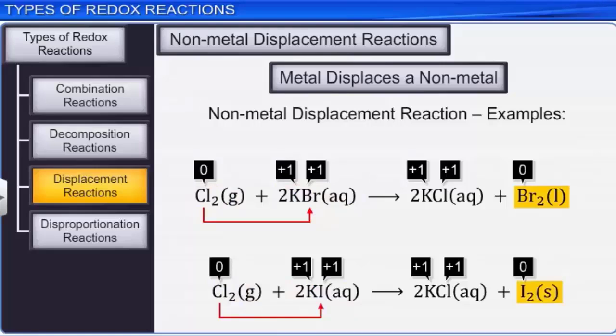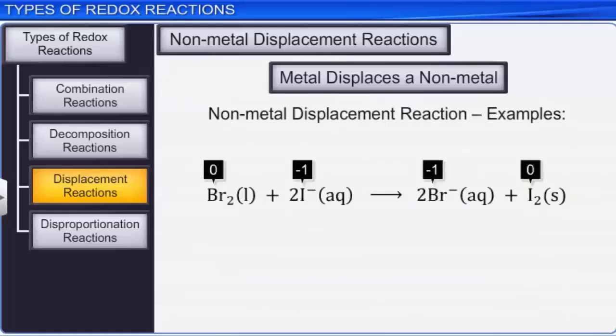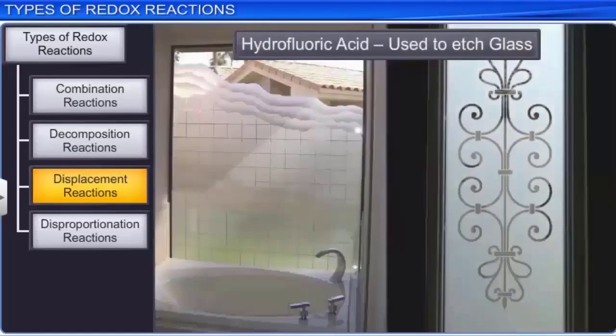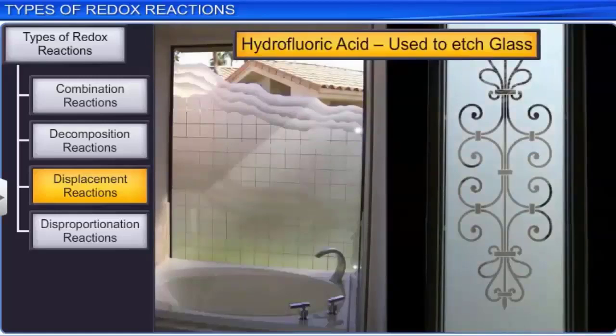This identification is called as layer test. Similarly, bromine can displace iodide ions in an aqueous solution. Halogen displacement reactions are used in industrial applications to produce chemicals, such as hydrofluoric acid, which is used to etch glass.